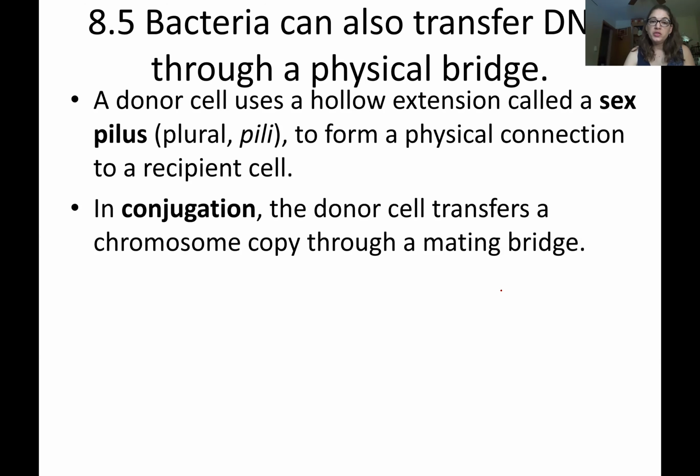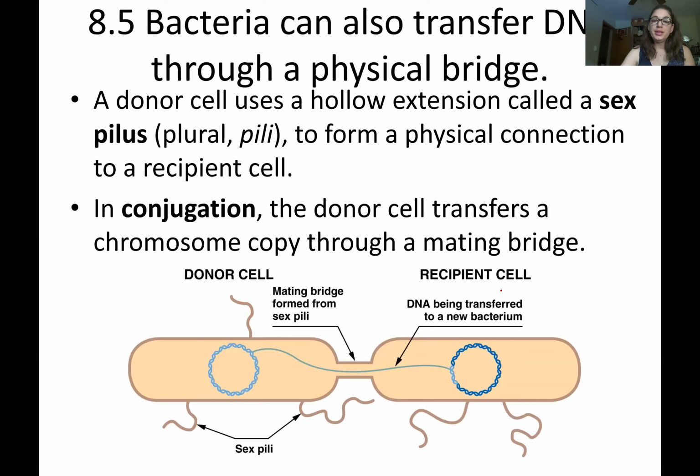This happens through conjugation. This is when a donor cell transfers a chromosome copy through that mating bridge, or the sex pili, to the new cell. So here we can see our mating bridge transferring a chromosome copy to the next bacterium through that physical hollow tube.